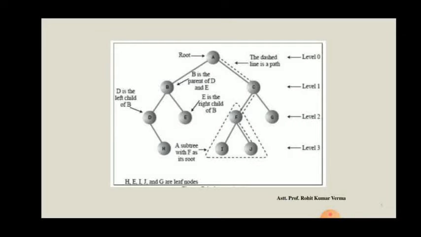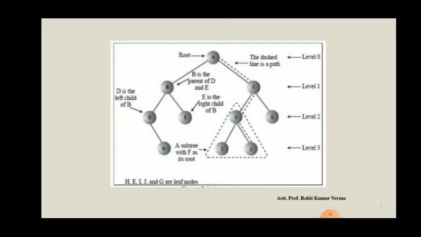Similarly in the left subtree, for E the parent is B, or we can say for B the children are D comma E.